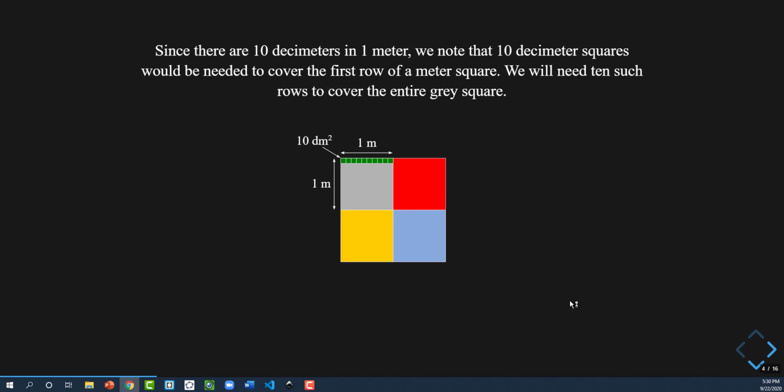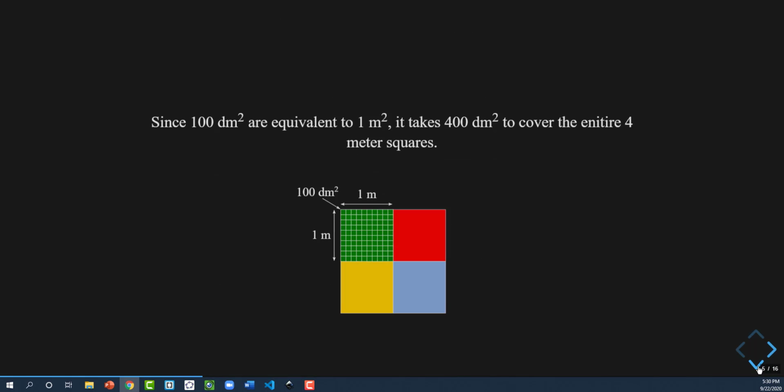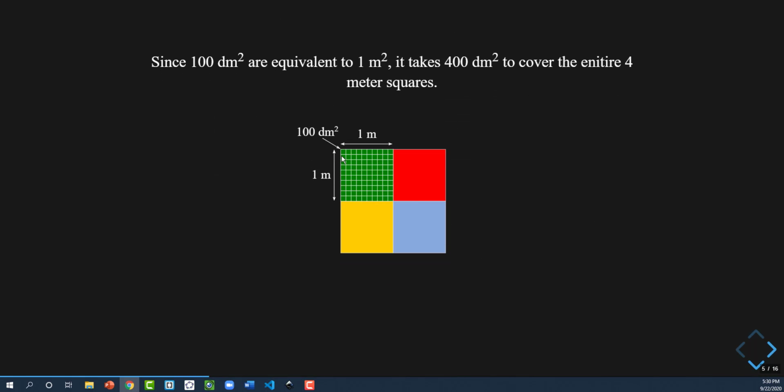Well, 10 such rows. So my final number is not 10 decimeter squares per meter squared, but 100. And that's going to give me the conversion factor between areas that involve square meters and square decimeters. 1 square meter is equivalent to 100 decimeter squares.